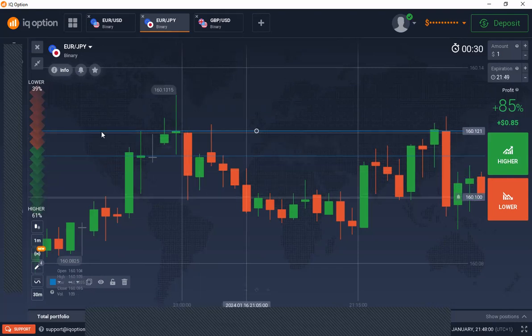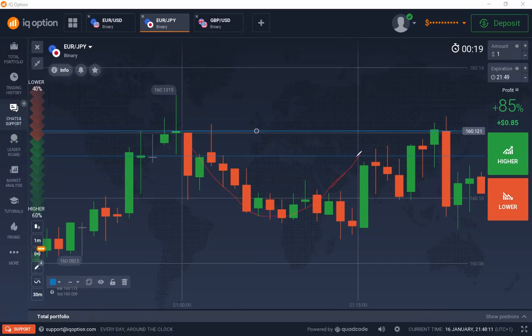So all we have to do is wait for the price to drop, then come back to that area. If you notice that when the price touched the area from here to here, we have rejection, also have rejection.